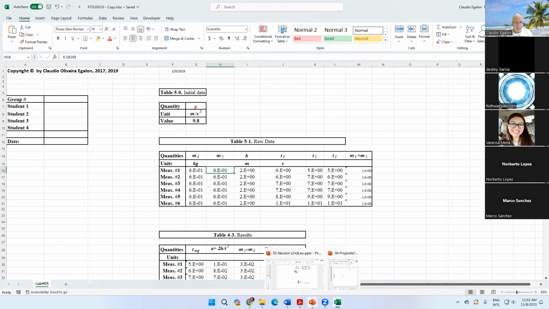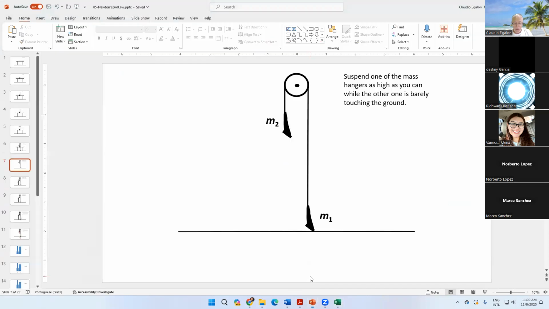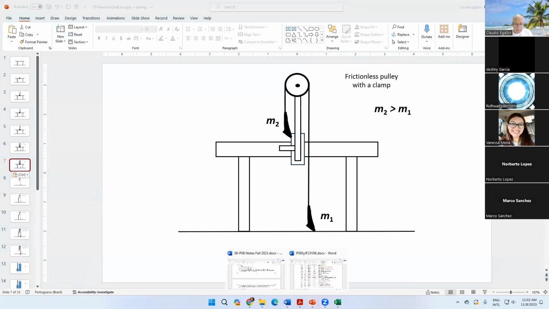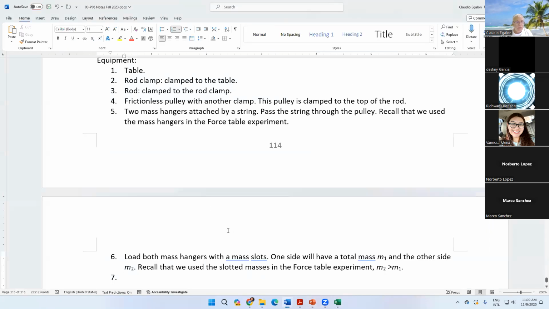And on top of that, we are also going to suspend the mass to a height h. And that you've got to measure. Oh, by the way, I need to put the scale there, right? Here you go.